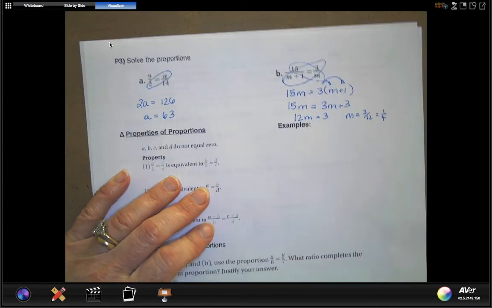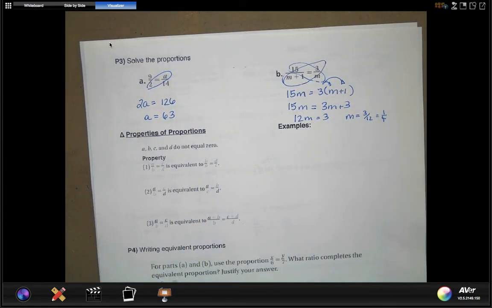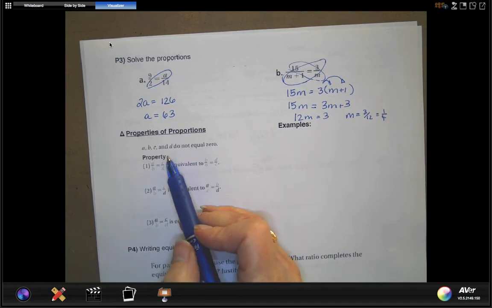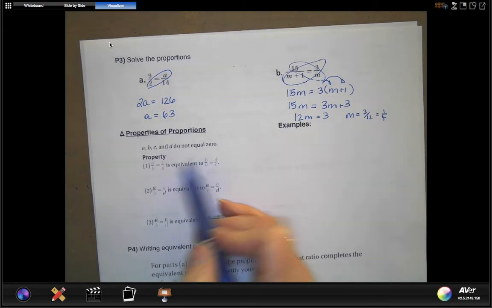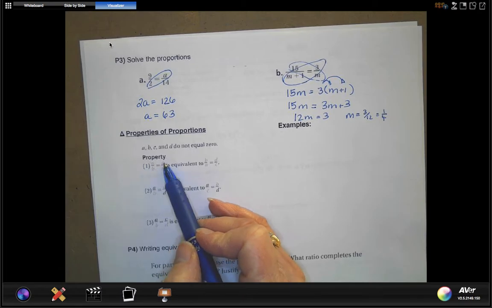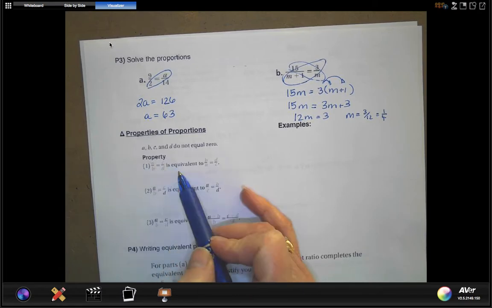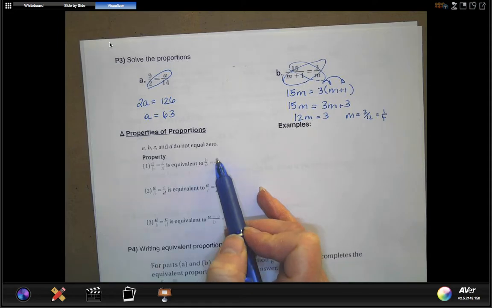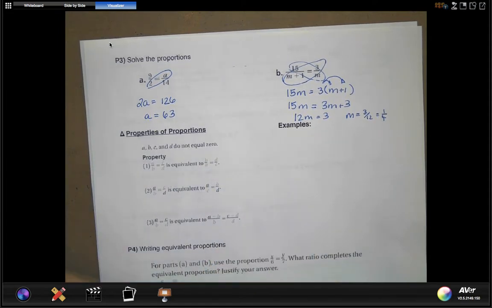Okay, so then further on we have some properties here. We have 3 different properties. So a, b, c, and d do not equal 0. What this is saying here is a over b is equal to c over d. If this is true, that's equivalent to b over a is equal to d over c. Just think about it.